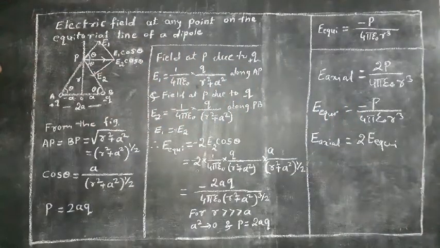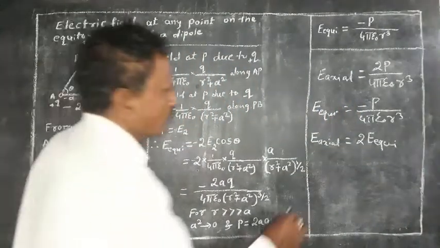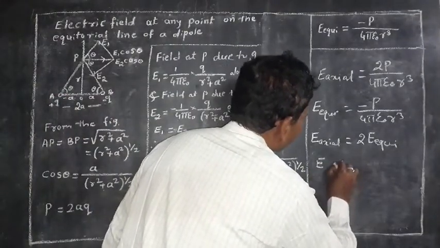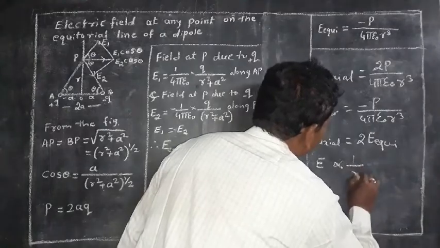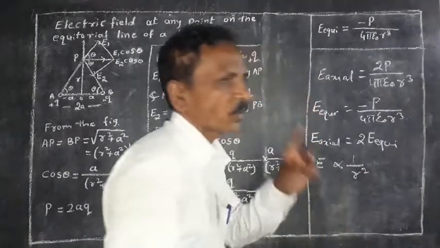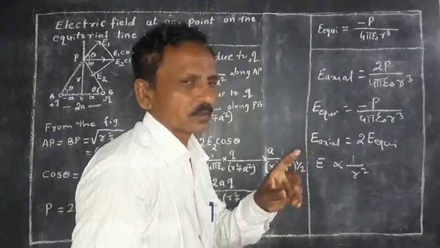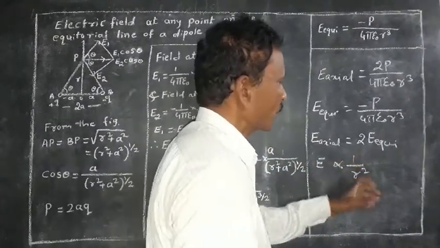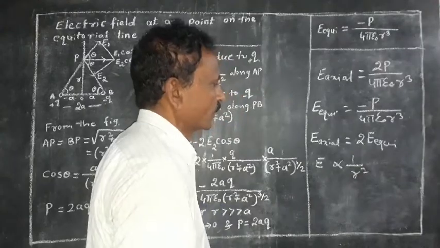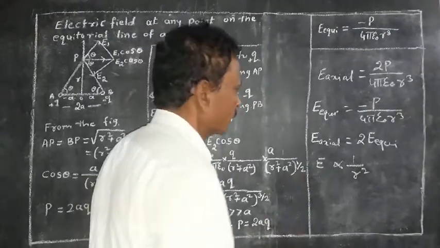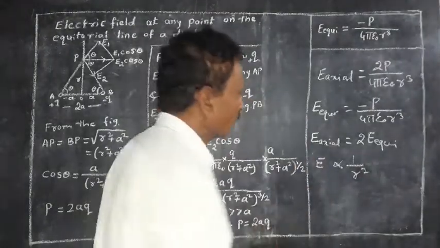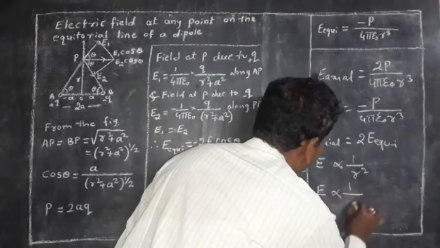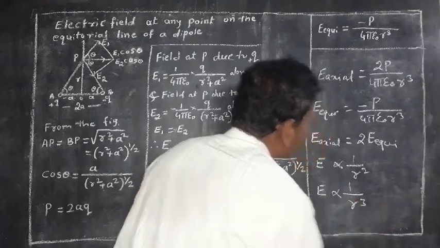For a point charge, electric intensity is inversely proportional to square of the distance of the point from the charge, but in case of dipole, electric intensity is inversely proportional to cube of the distance.